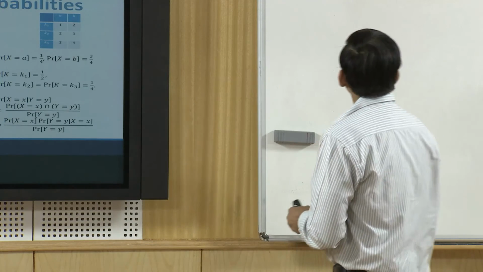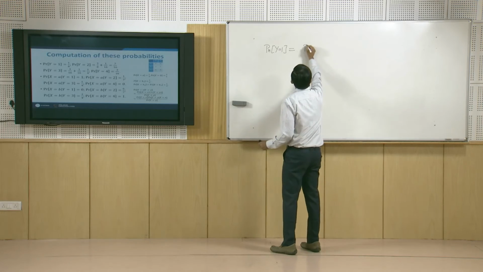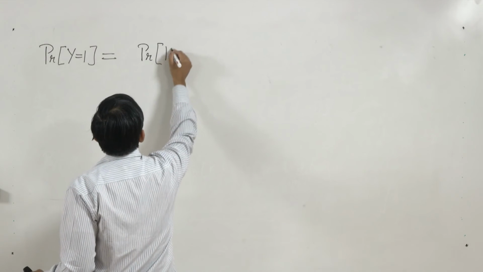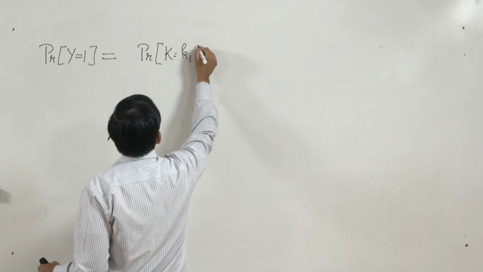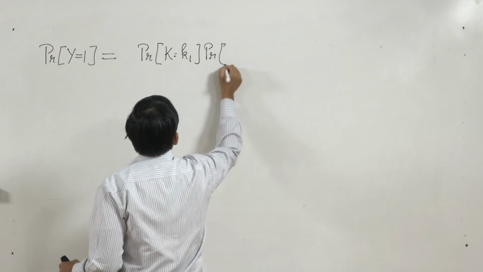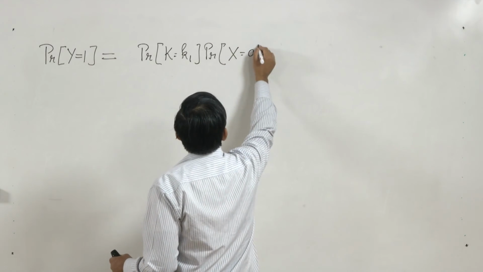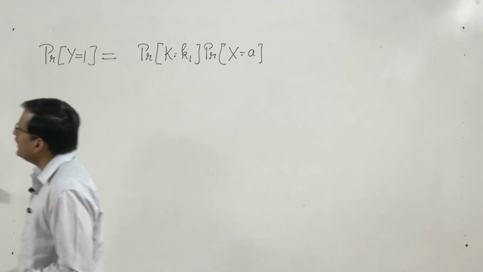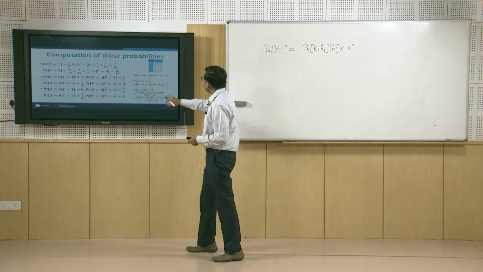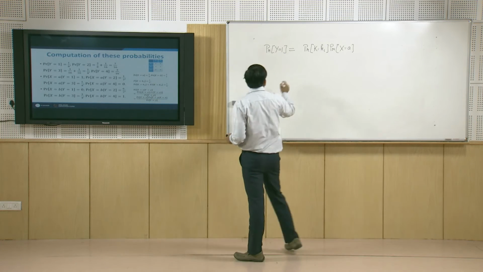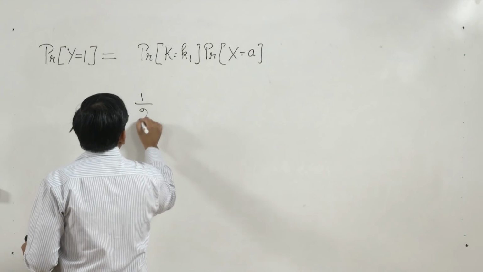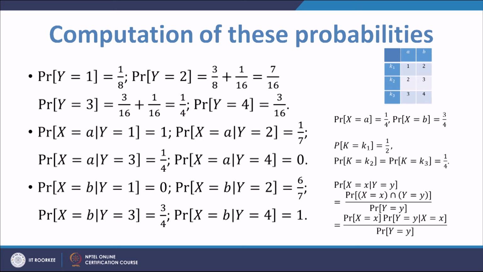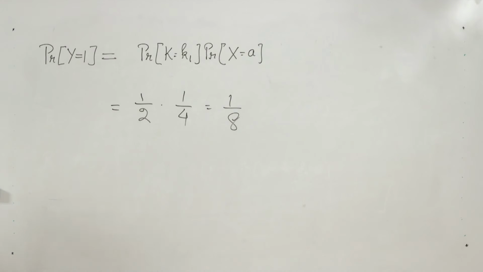So, I will write it like this: this is the probability of getting k equal to K1 and the probability of getting x equal to A. The probability of getting k equal to K1 is given over here, which is half, and the probability of getting x equal to A is given over here, which is 1/4. So, I get 1 by 8, which I have listed over here.